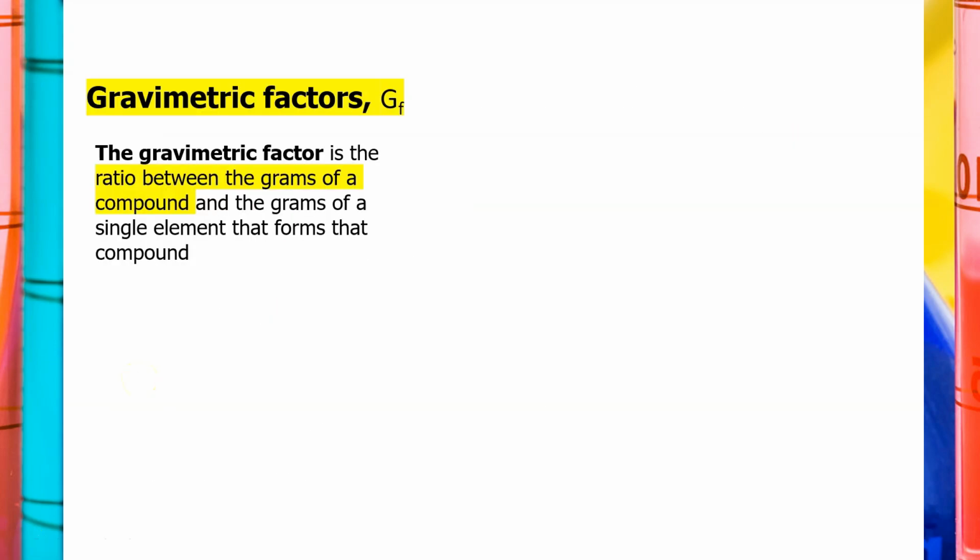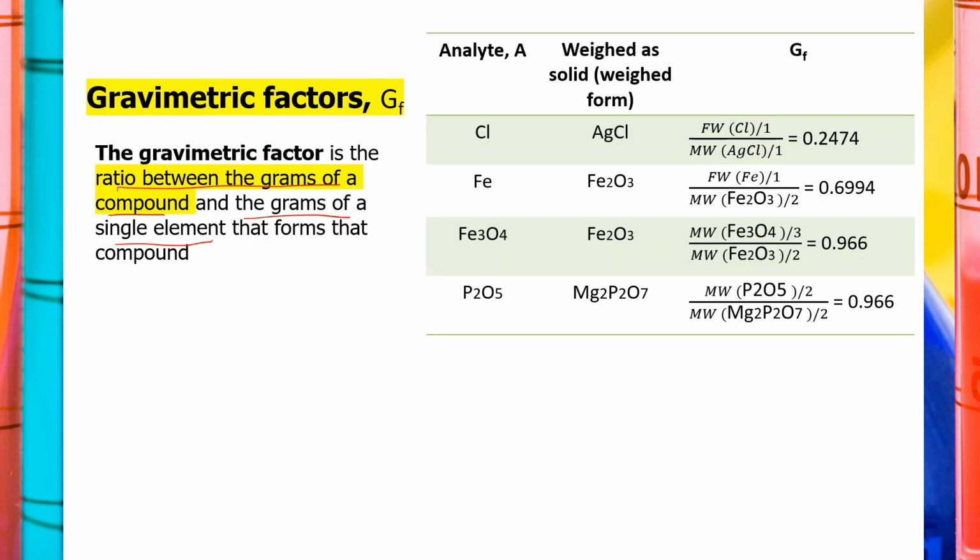Now we move to the second method of calculation to obtain the mass of analyte, which is the gravimetric factor, GF. The gravimetric factor is the ratio between the grams of a compound and the grams of a single element that forms that compound. So how do we calculate the gravimetric factor, GF?